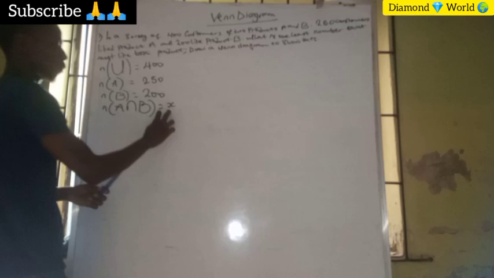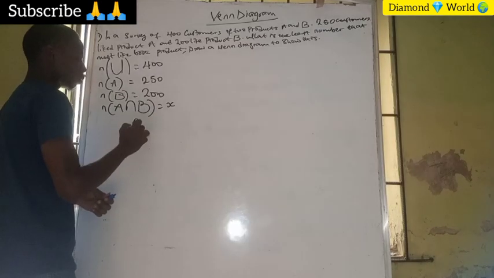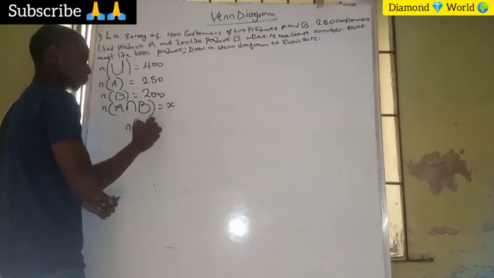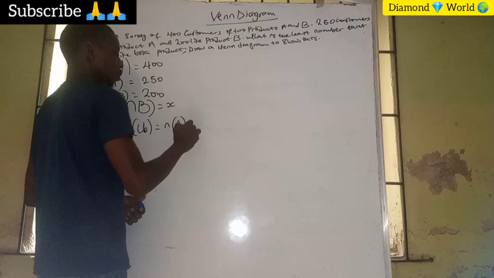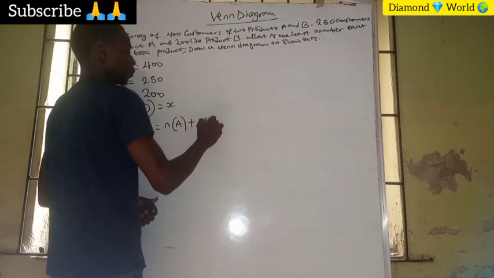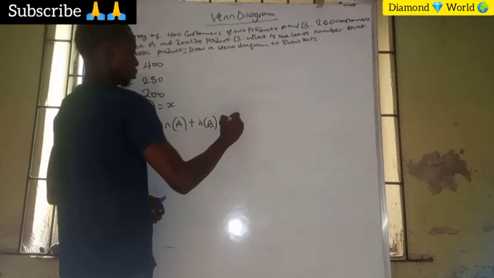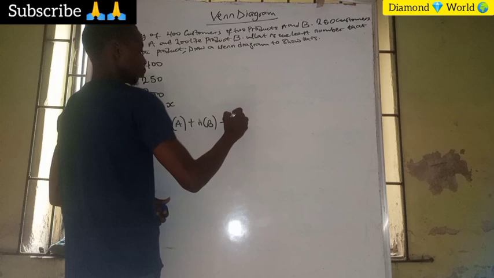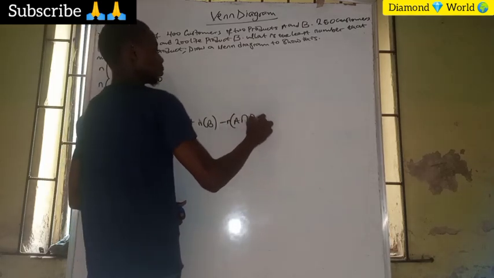To calculate for our X, we say number of universal set equal to number of A plus number of B minus number of A notation B.